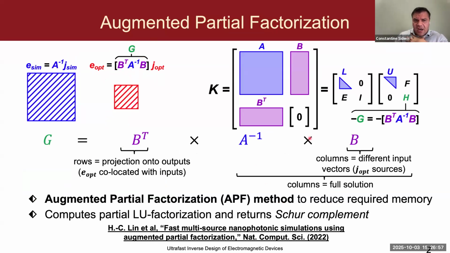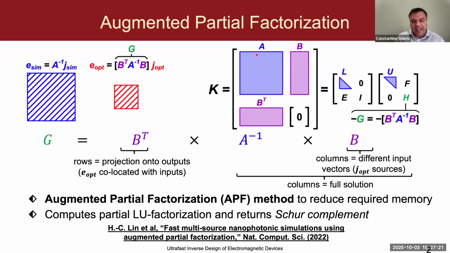So I'm not going to get into all the details of the fast method that we use to compute this. It's based on a method from a colleague of mine, Professor Wei Chu, who developed this augmented partial factorization method that can reduce the required memory significantly if you need just the Schur complement for this augmented system.